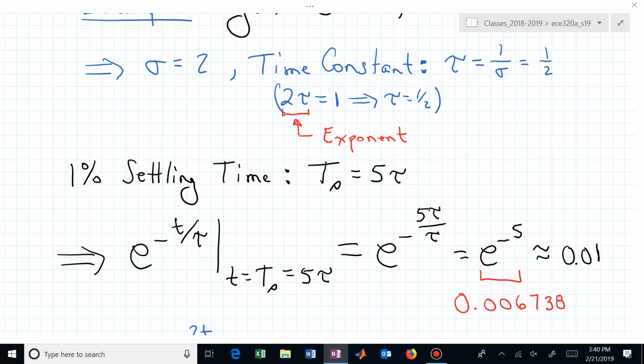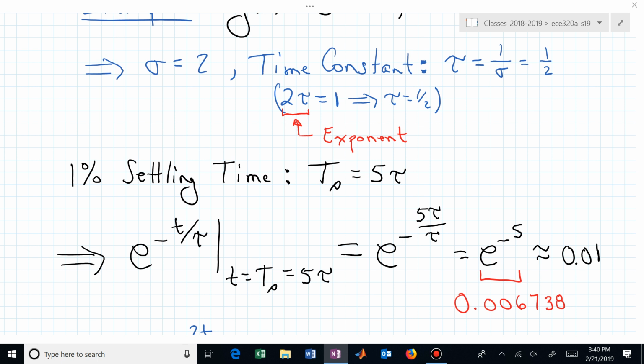Where does that come from? Well, if we take e to the minus t over tau, and we let t be the 1% settling time, which we're defining to be 5 tau. This is an approximation. It's not exact. Then we end up with e to the minus 5 tau over tau. The tau's cancel, and we have e to the minus 5.